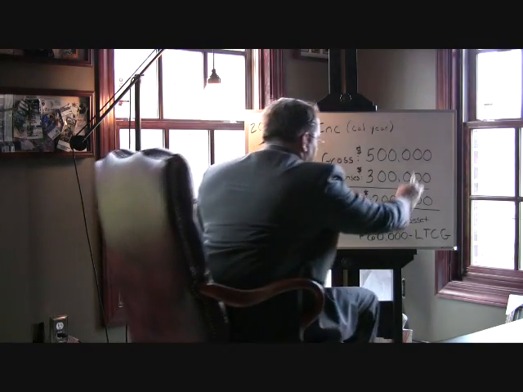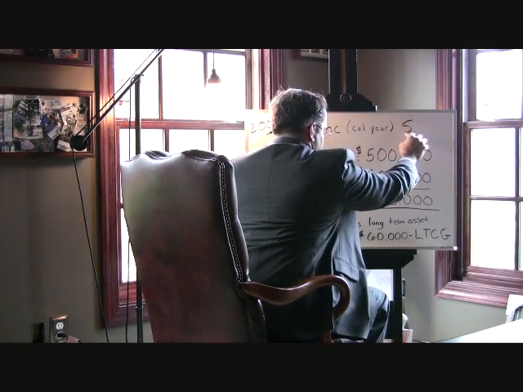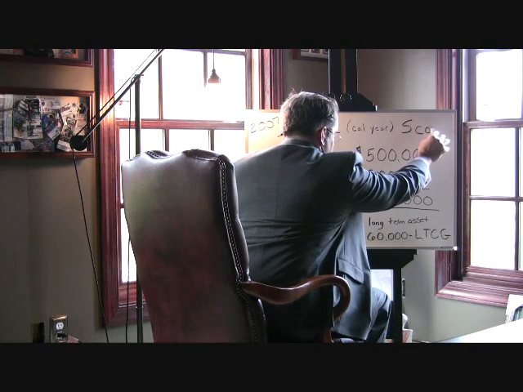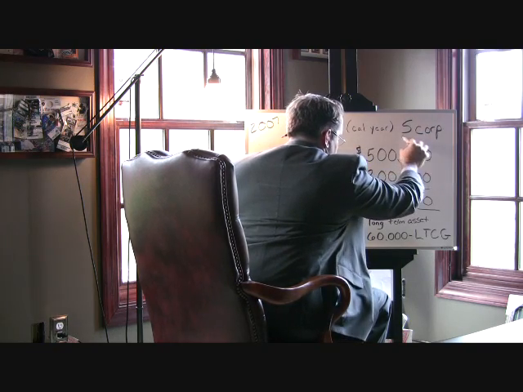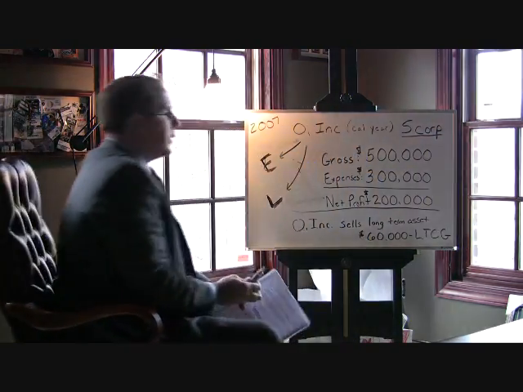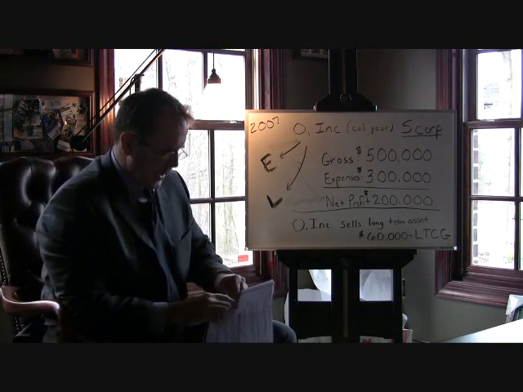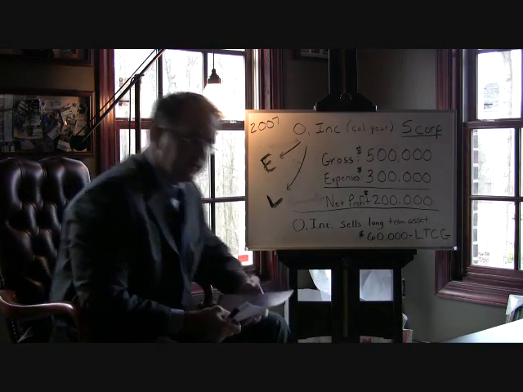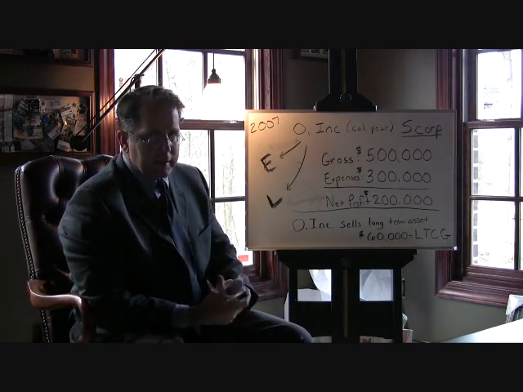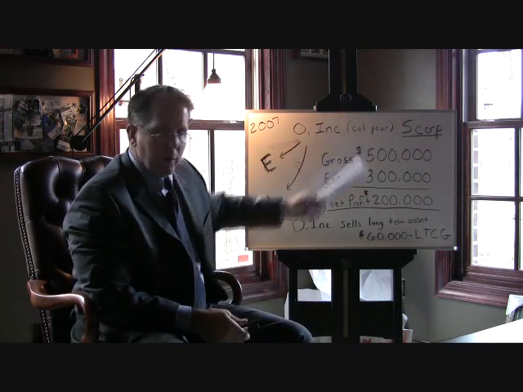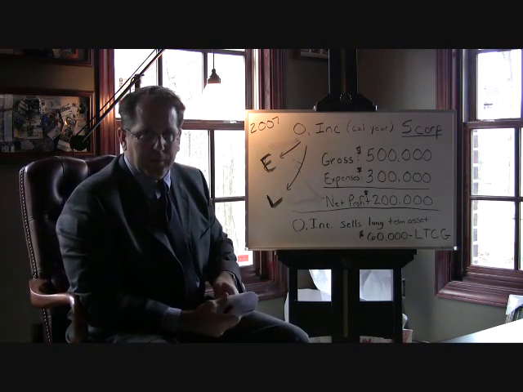So let's clarify that up front. We have an S Corp. How do we know it's a corporation? Well, one of the telltale signs that you're going to look at, you're going to see O Inc. Inc. denotes corporation.